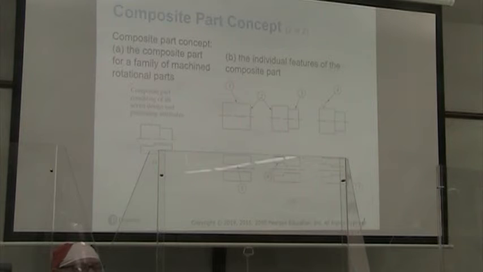I'm checking my message. All right, so theoretically, there are 7 different features for the composite part.